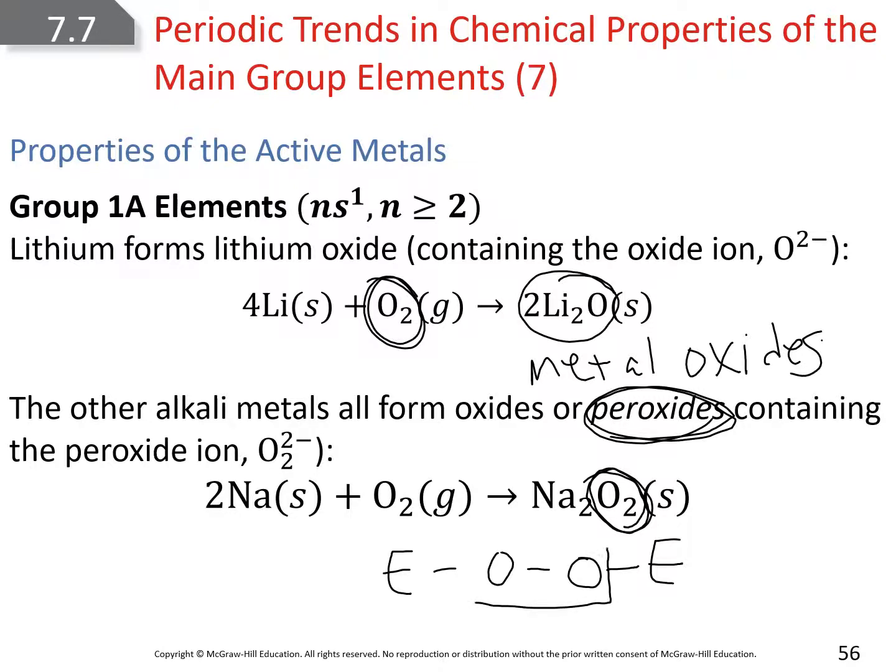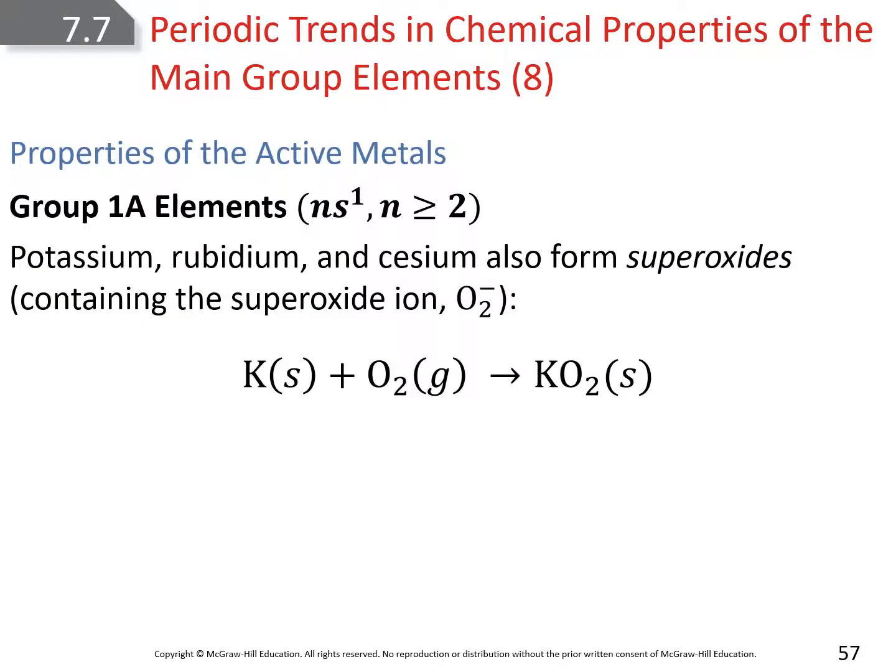This double oxygen, which is different from this one, means a peroxide. You will often see it abbreviated as ROOR, where R's are just some generic representation of the carbon group.